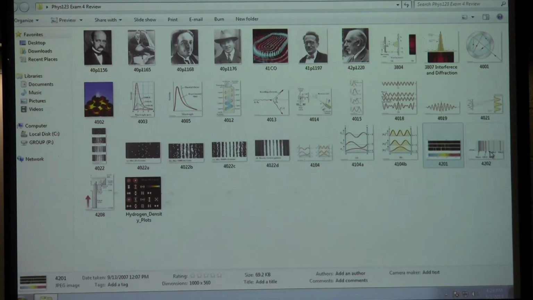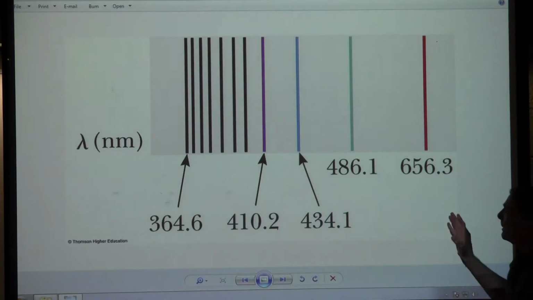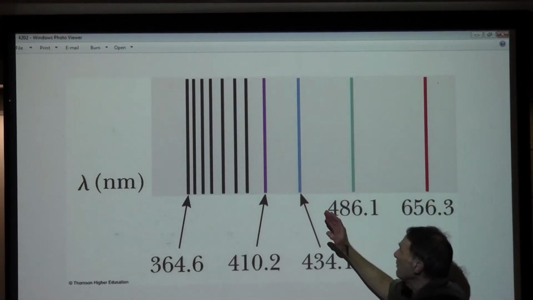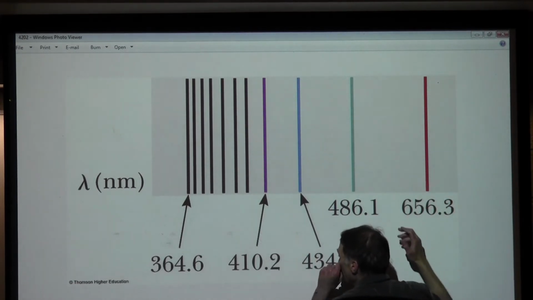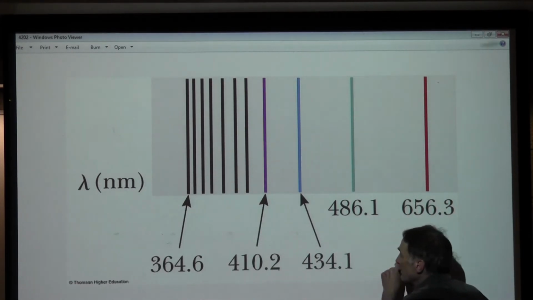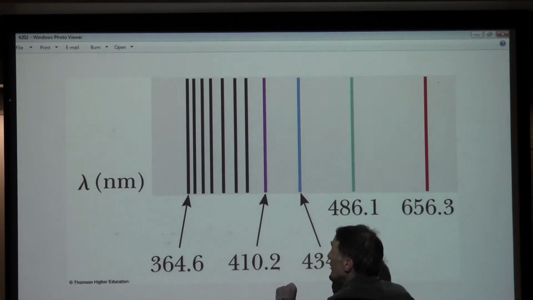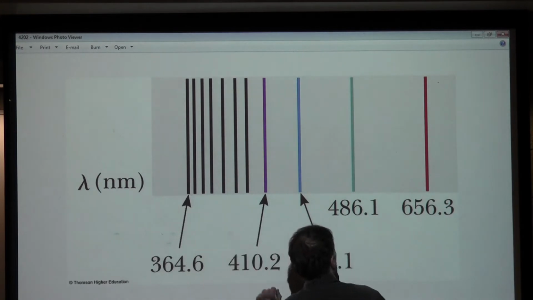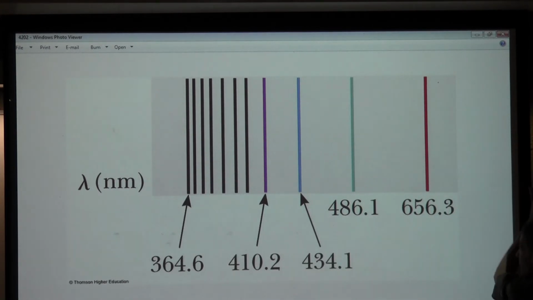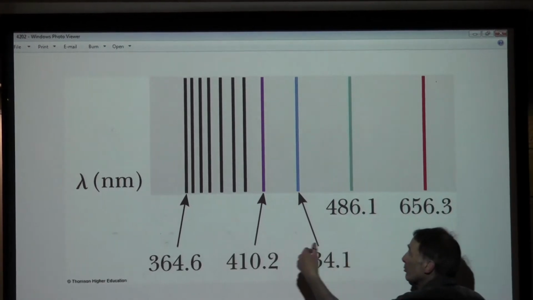Hydrogen has the simplest spectrum. When we look at visible light, there are 4 or 5 lines that you can see. They have really well-defined wavelengths. And there's even a whole set up in the ultraviolet, and there's even a whole other set down in the infrared. And so the pattern repeats.